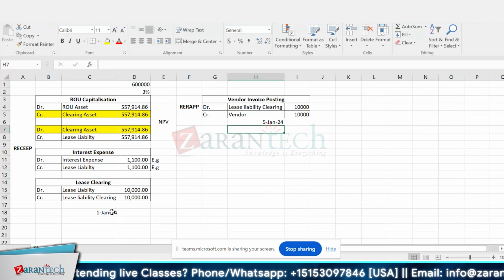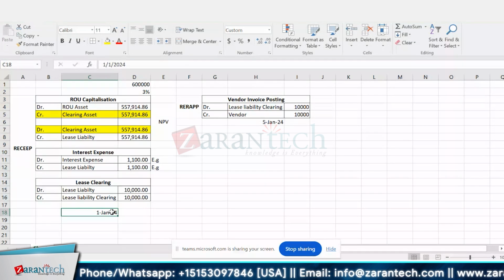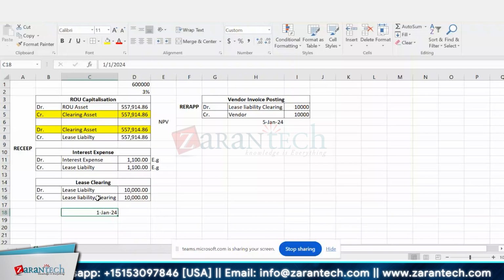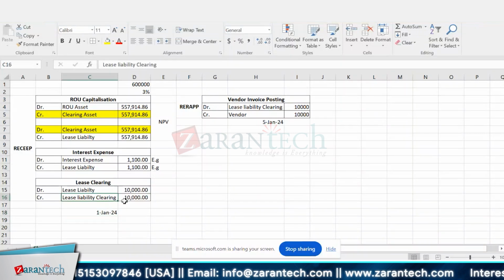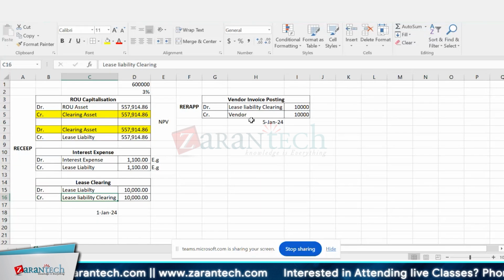I have posted because I'm obliged to post my monthly periodic entries on the very first of every month. But when I actually receive the vendor invoice on 5th of Jan, I'll remove it from the clearing account and post it to the vendor account.